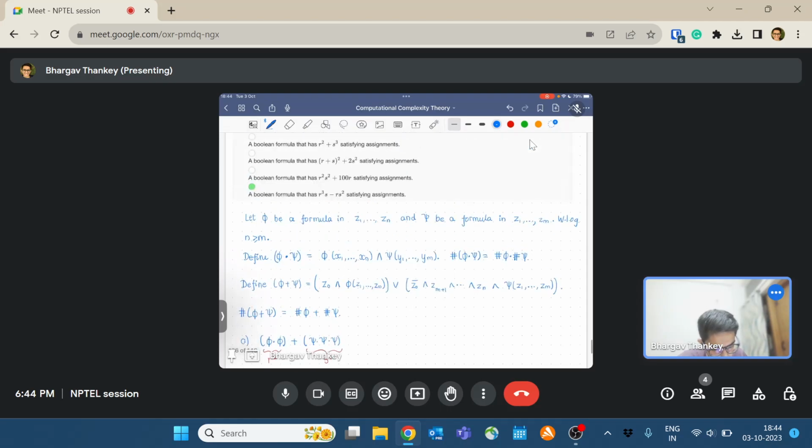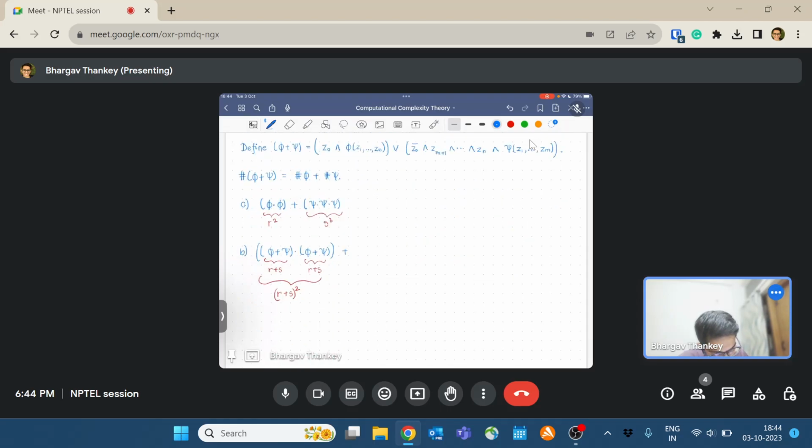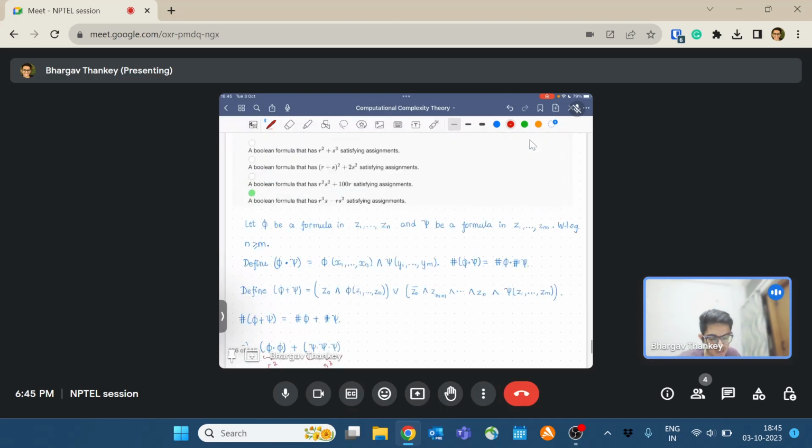And then it's plus 2S square. So it's psi times psi, which is S square, and we have to make it 2S square. So again, psi times psi. This is S square satisfying assignments, and this is S square satisfying assignments. So the whole thing has 2S square satisfying assignments. So we can also construct a Boolean formula with these many satisfying assignments.